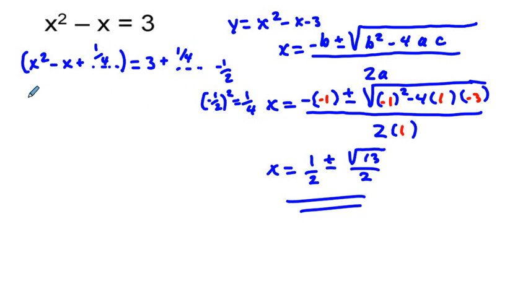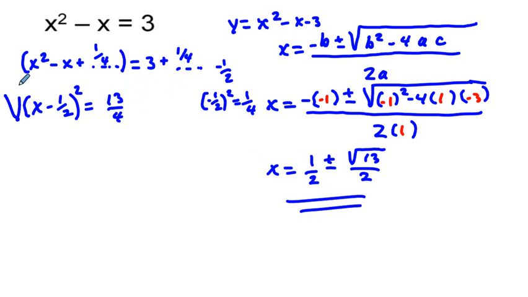Now what we have on the left is the square, quantity x minus 1/2, squared, and on the right side, 3 is 12/4, and 12 plus 1 is 13, so we have 13/4. That's simply 3 plus 1/4.